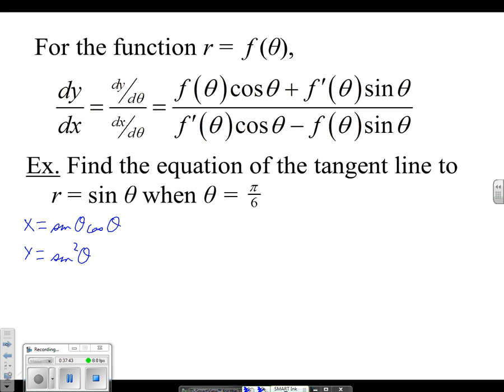I could take the derivative, dx over d theta. It would be the first times the derivative of the second plus the second times the derivative of the first.